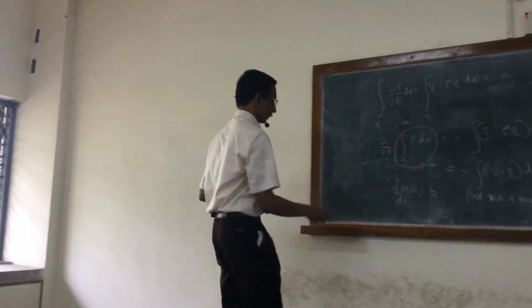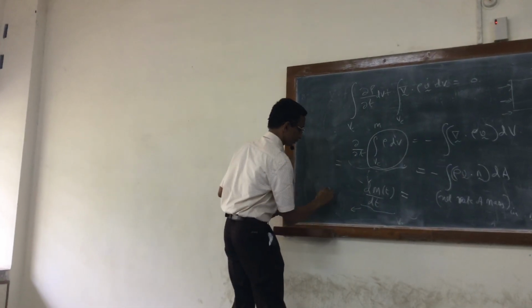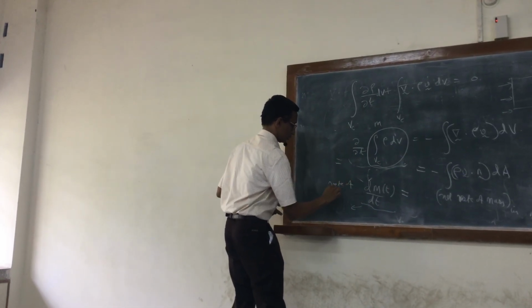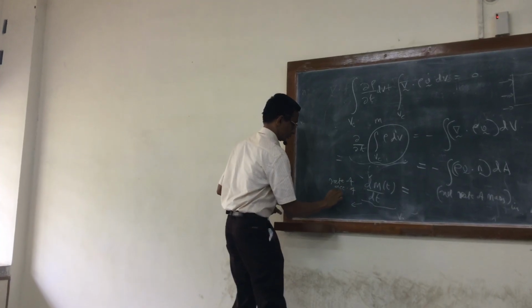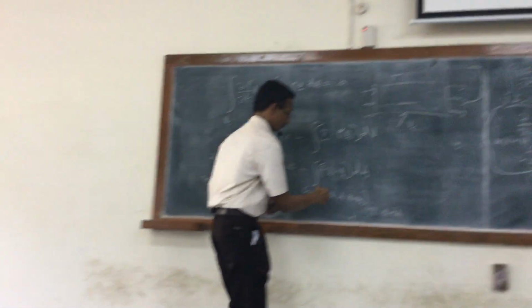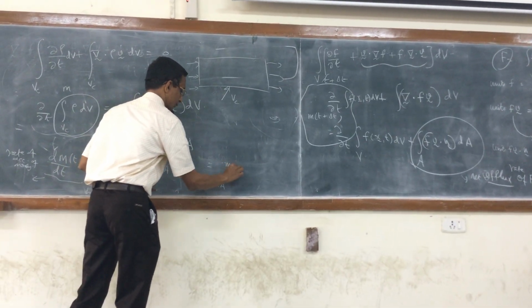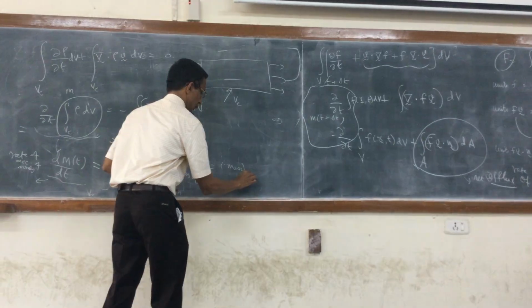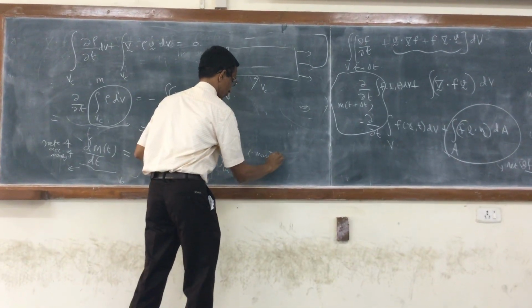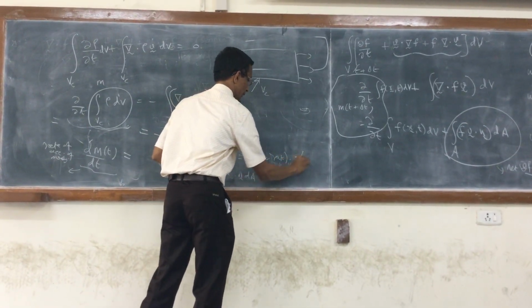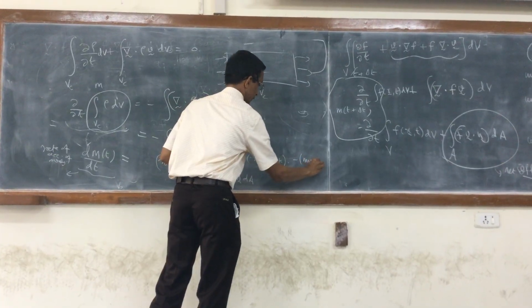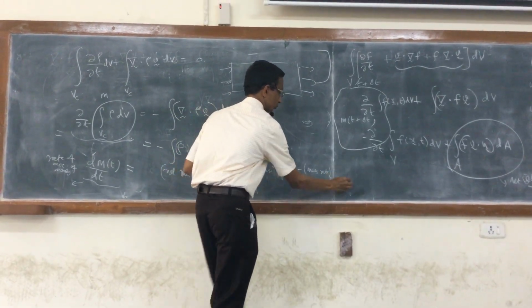So this is clearly the rate of accumulation of mass, and this is standard. This is the net rate in. I can write it as mass rate in minus mass rate out.